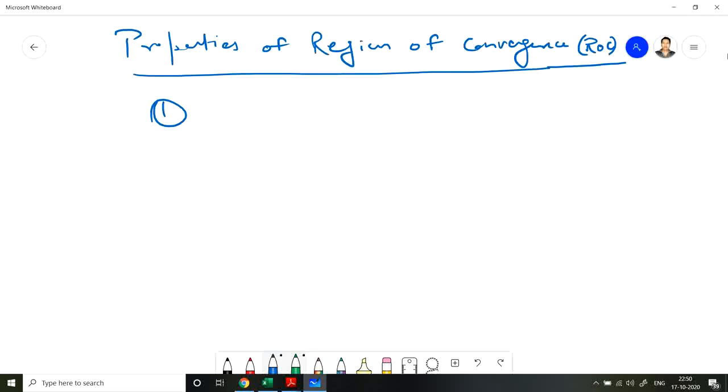So the first property is the ROC, the region of convergence, does not contain any pole.